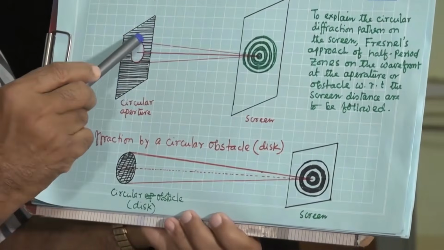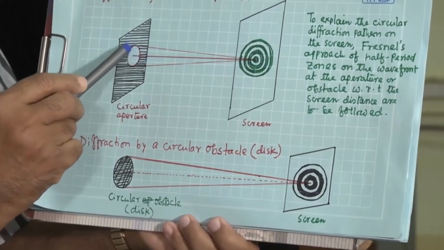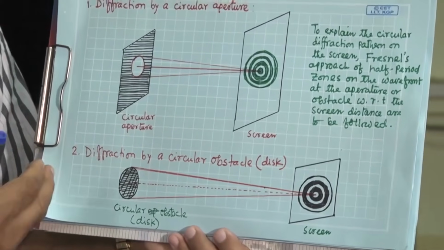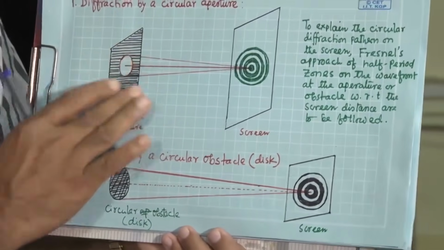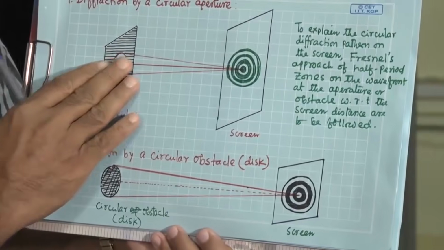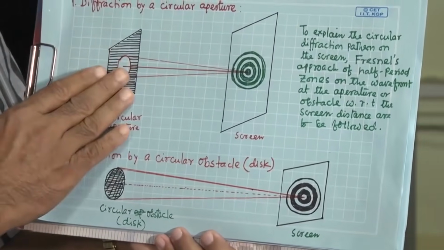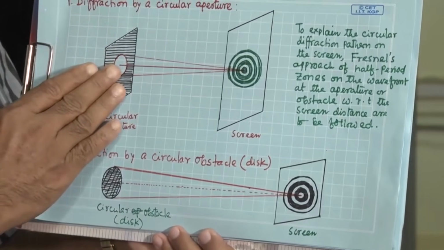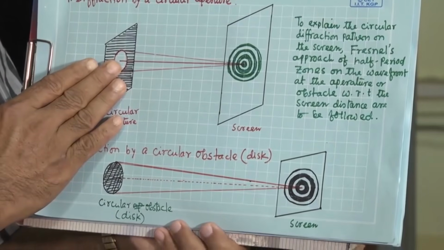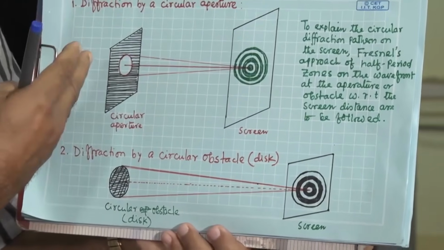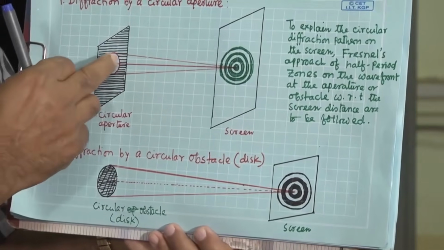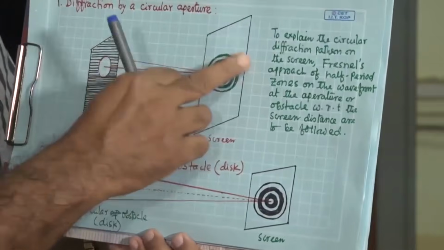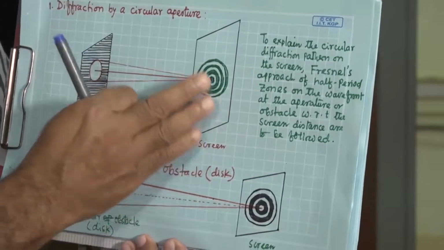Okay. So these transparent regions are divided. The wavefront will pass through this circular aperture. Now, this circular aperture on this wavefront will be of this shape. Now, for this wavefront, how is this pattern observed, how is it formed?